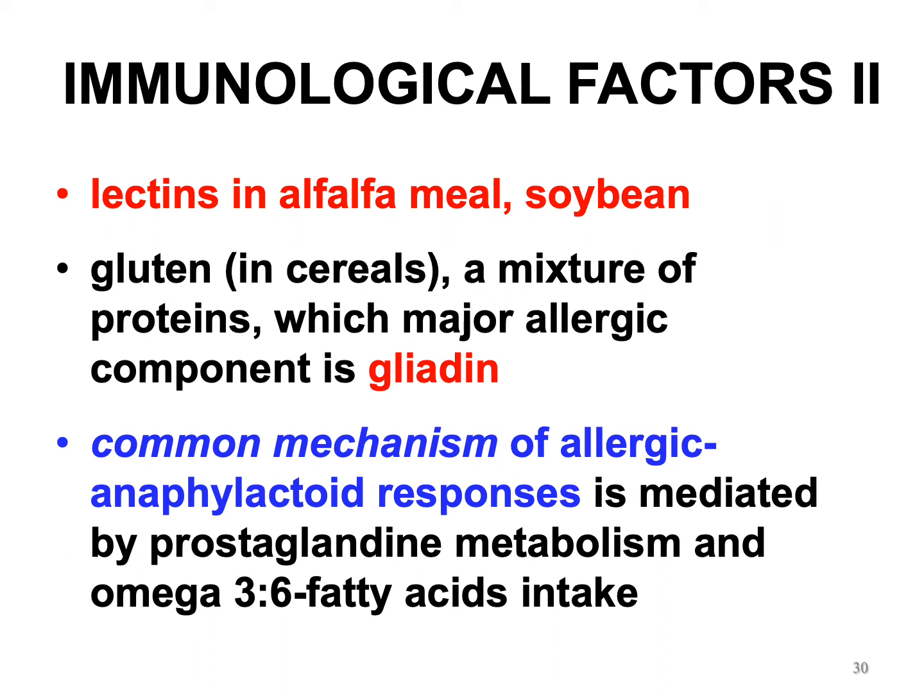These lectins are competing for binding sites on the cortisol binding protein, which may result in elevated plasma cortisol level. And the high cortisol and the parallel low progesterone lead to bronchospasm and smooth muscle contraction.